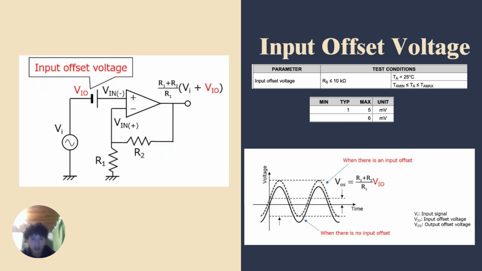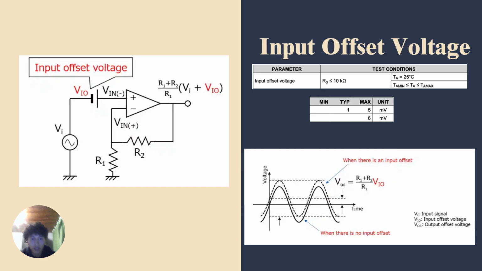How can we fix it? One way is offset null pins. Some op-amps include offset adjustment pins that allow us to fine-tune and reduce that offset using an external potentiometer. Another technique is auto zero, where precision op-amps or chopper stabilized op-amps continuously correct their own offset voltage internally. Another way is with calibration software, because in digital systems the error caused by that offset can be corrected by applying an offset correction factor.